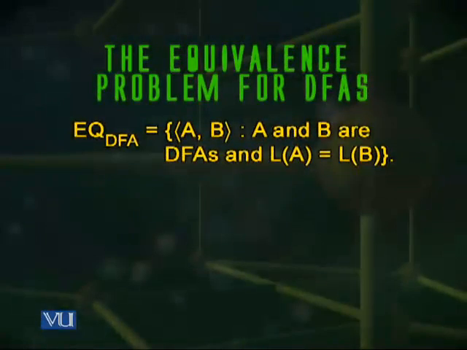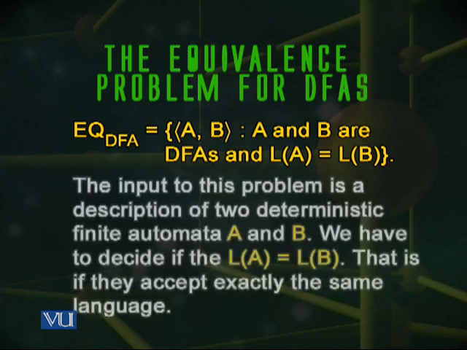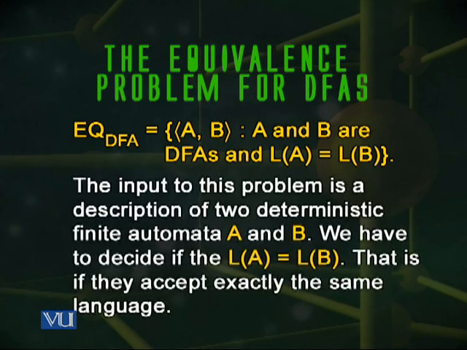EQ DFA is the set of all encodings of pairs of DFAs, A and B, such that the language of A is equal to the language of B. The input to this problem is the description of two deterministic finite automata A and B. We have to decide if the language of A is equal to the language of B, that is, if they accept exactly the same language.